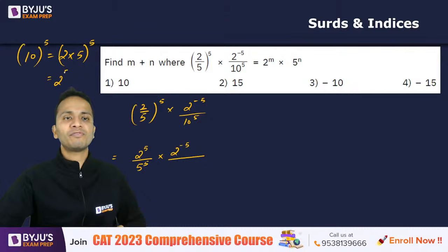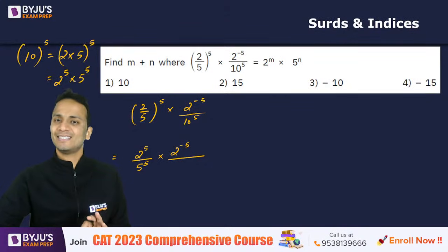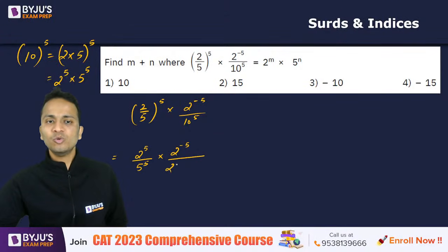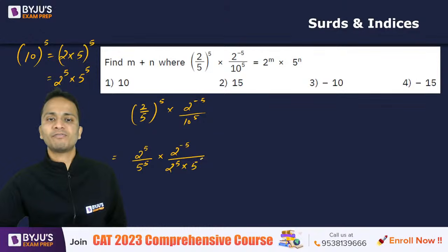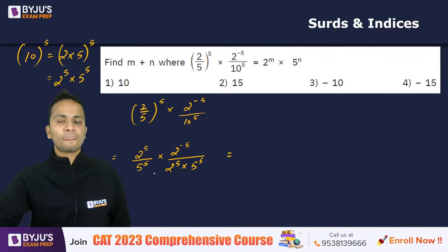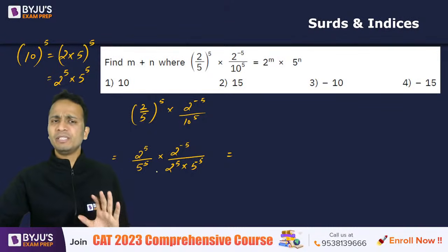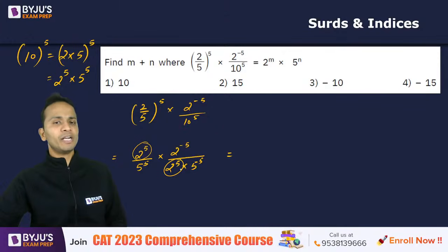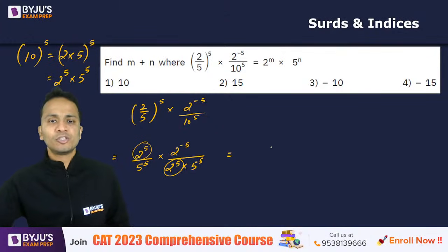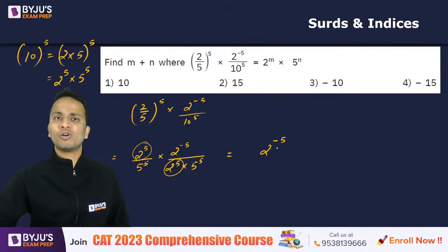So 2 raised to the power 5 multiplied by 5 raised to the power 5, you will get this result, right? Now, from the numerator and denominator, there will be some powers which will cancel. So this 2 raised to the power 5, we will cancel in the denominator and numerator. Okay, so I will have only 2 raised to the power minus 5 left as the power of 2.